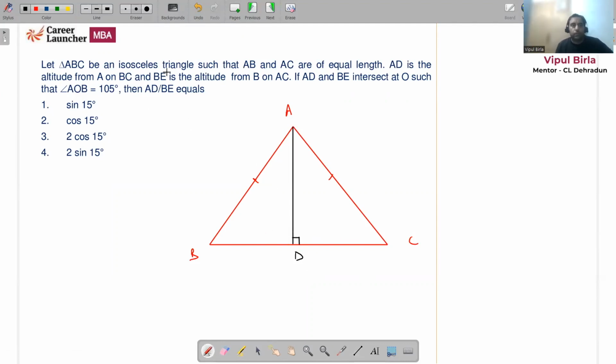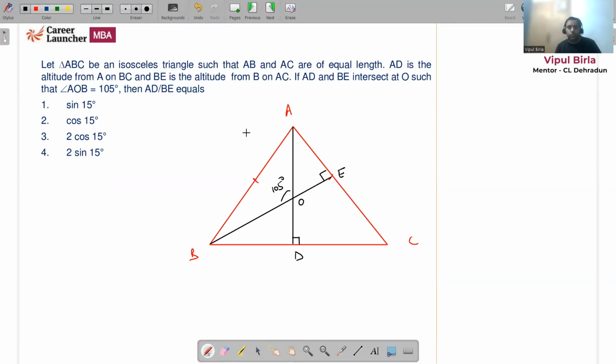Okay. BE is an altitude from B on AC. If AD and BE intersect at point O, so two altitudes intersect, such that angle AOB is 105, then AD upon BE.